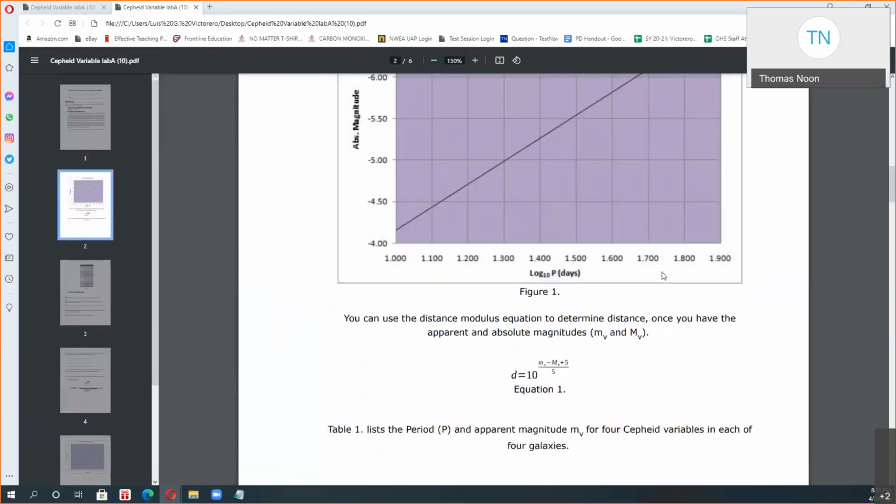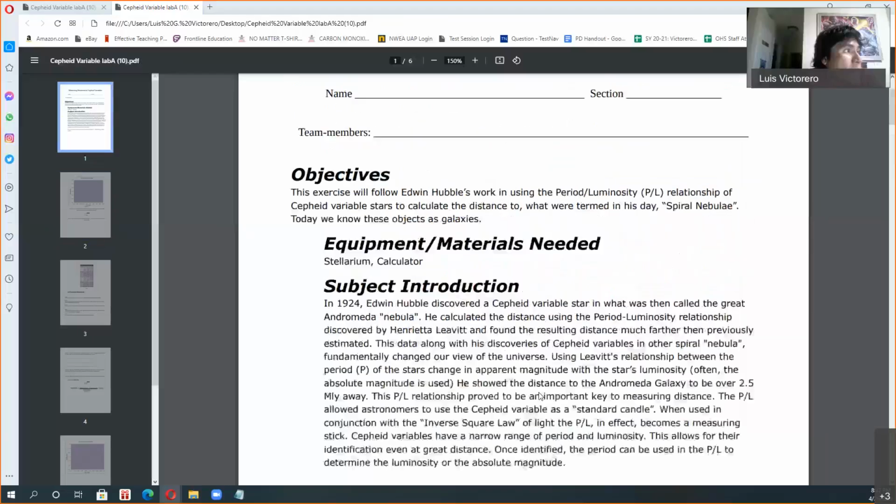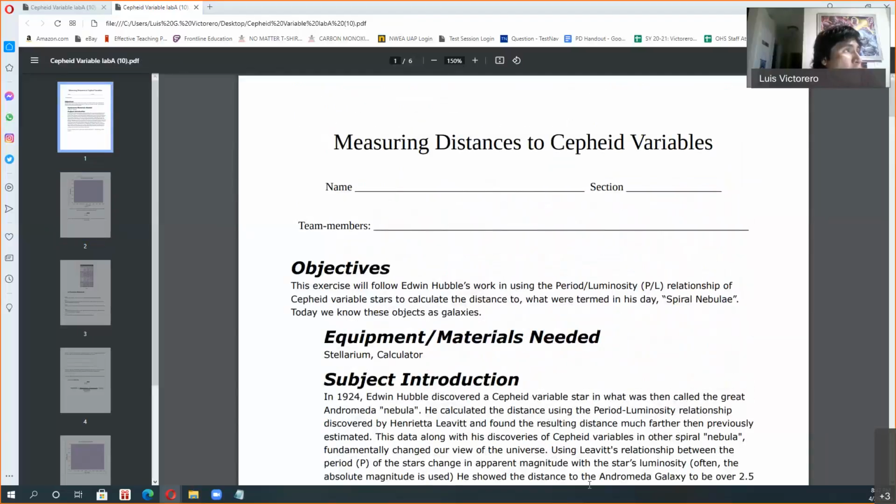Okay, this graph plots absolute magnitude with period, the log. What you should know from variable stars is that it's a very nice, effective method to determine the distance between stars, very far stars. A variable star, like a Cepheid variable, is a type of star whose luminosity is changing periodically.